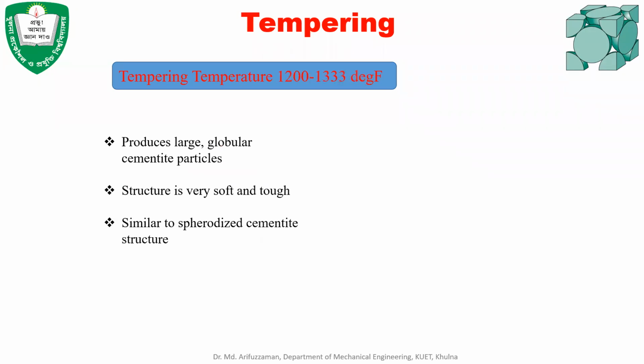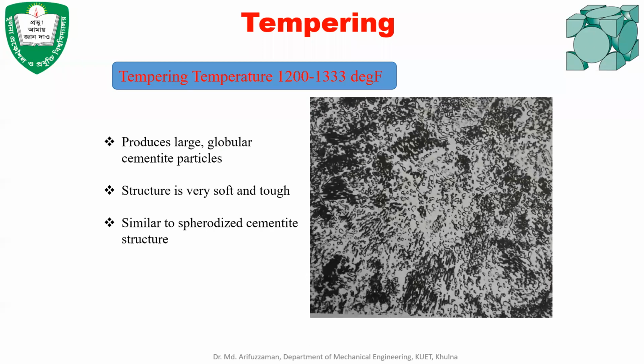And if the tempering is done at very high temperature, like 1200 to 1333 degrees Fahrenheit, it produces large globular cementite particles. Do you remember this structure? Can anyone say what this structure is? Spheroidizing, right? Yes, sir.